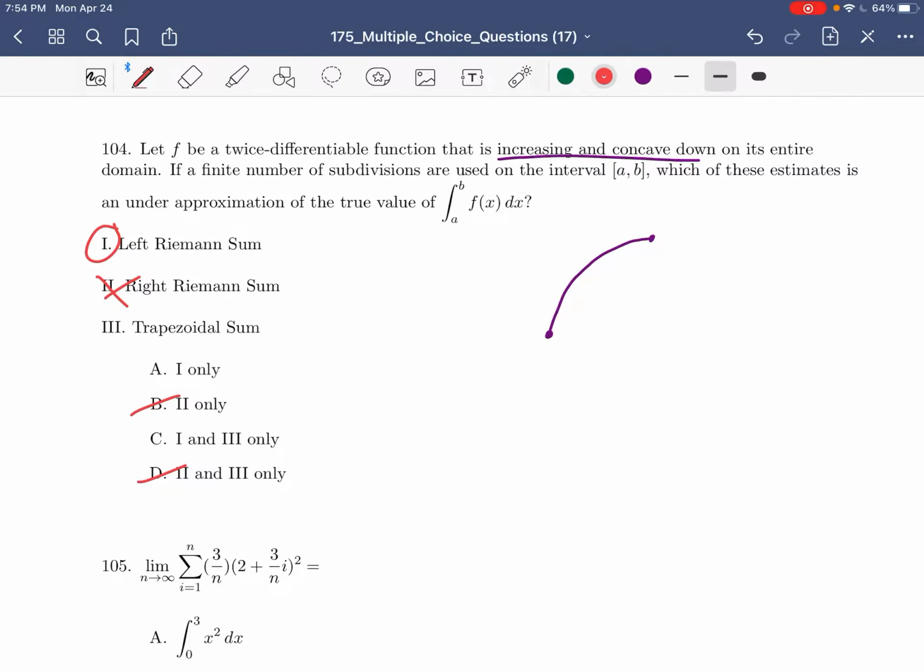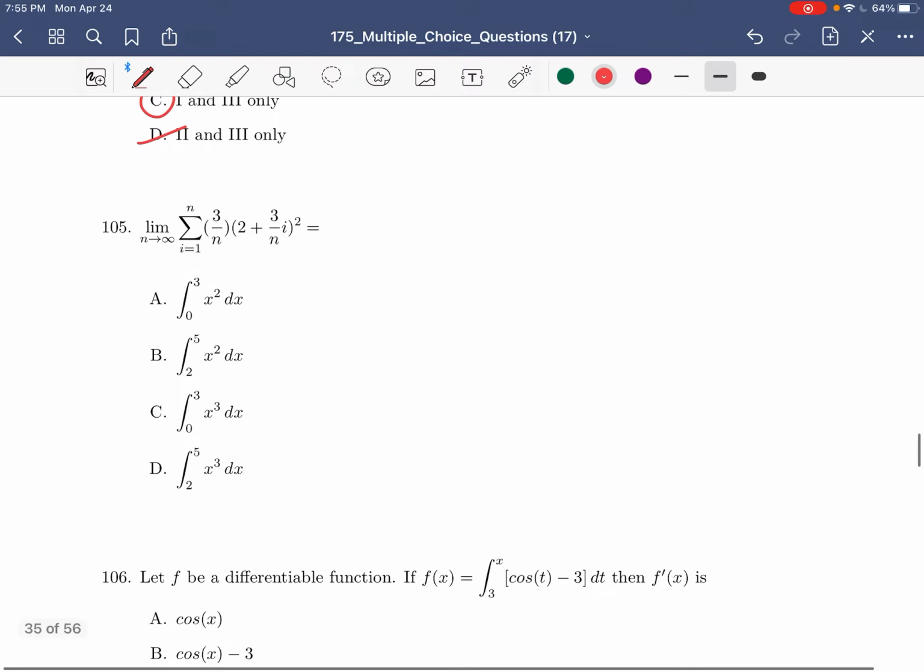That really doesn't help us though. Now I've got to figure out the trapezoidal. As you can see, that one is also an under approximation. So 3 also. Our answer is C.